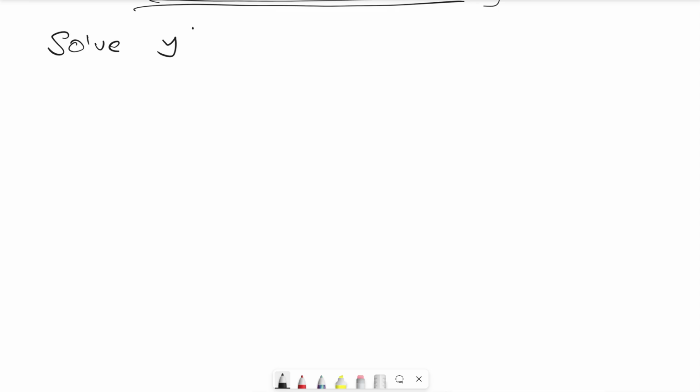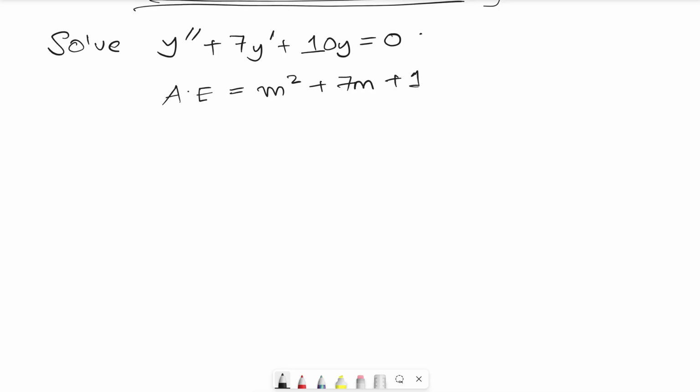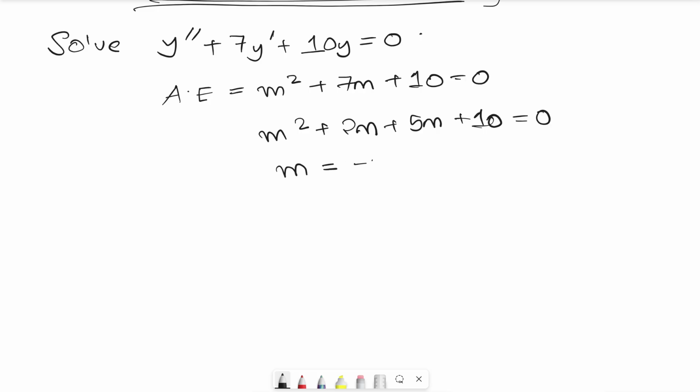Solve y double prime plus 7y prime plus 10y is equal to 0. Again, the auxiliary equation will be m square plus 7m plus 10 equal to 0. That is m square plus 2m plus 5m plus 10 is equal to 0. So the roots will be minus 2 and minus 5.